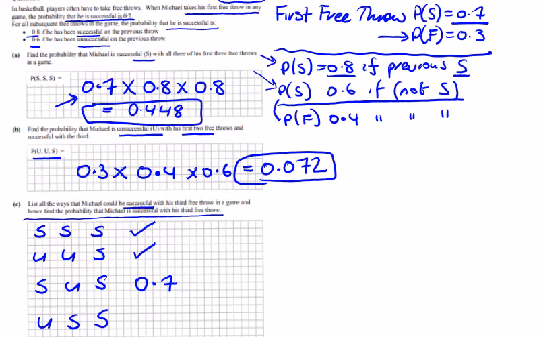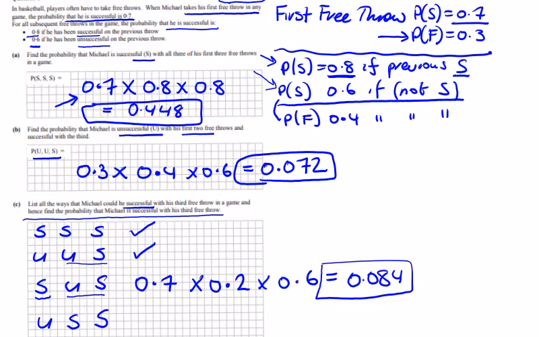He was successful, that's this S. He was successful, 0.8 to shoot it in again, but so it's 0.2 to miss. And then this US we have had here. So if unsuccessful, success to follow that is the 0.6 from above. 0.6. 6 twos are 12 and 7 12s are 84. 0.084. That's our third option.